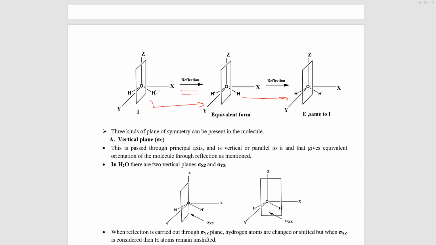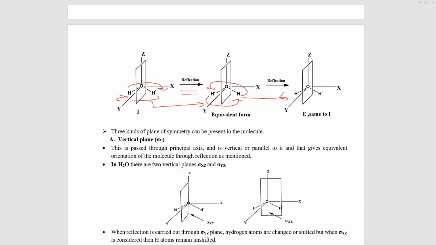Both hydrogens are the same, but for understanding, H and H dash are used. Okay, so after the first reflection, H comes at the place of H dash, and H dash comes at the place of H.